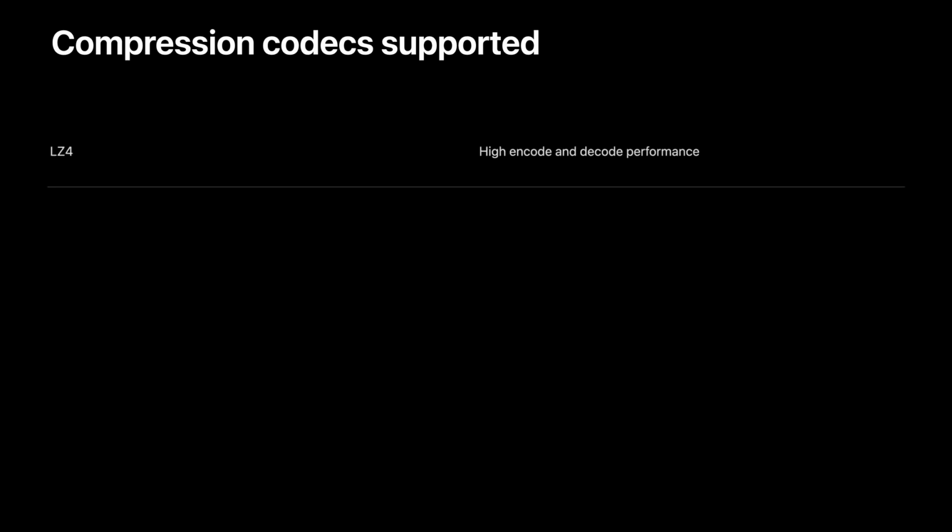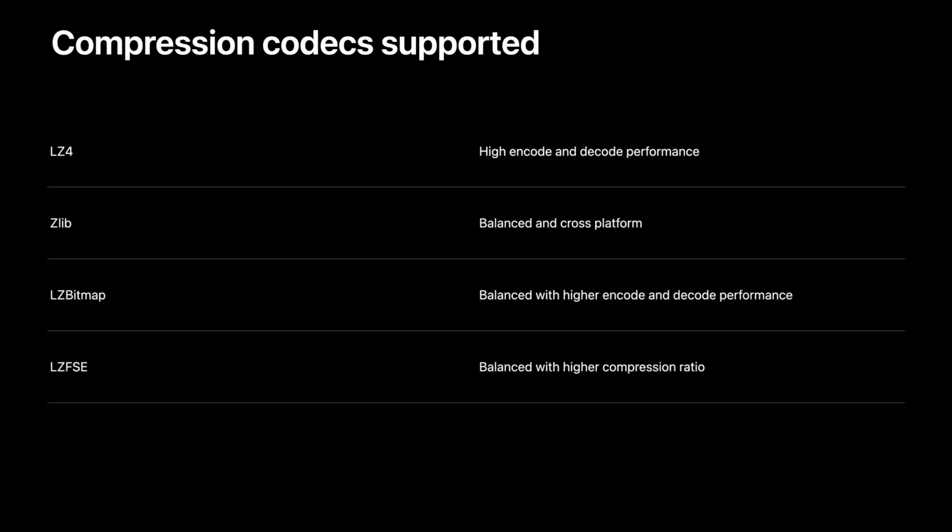Now I'll go through the different compression methods supported and the characteristics of each of them, so you can better understand how to choose between them. Use LZ4 when decompression speed is critical and your app can afford a large disk footprint. If a balance between codec speed and compression ratio is important to you, use zlib, lzbitmap, or lzfse.